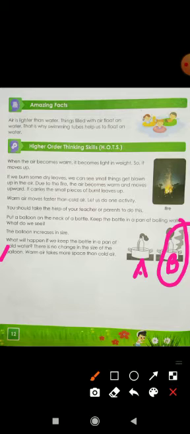In A, no. There is no change in the size of the balloon. Can you see? See here. The balloon has not changed its size. Okay, so with the help of this experiment what we have learnt is warm air takes more space than cold air.